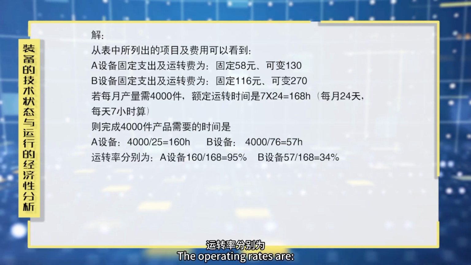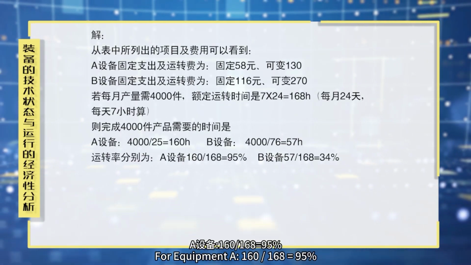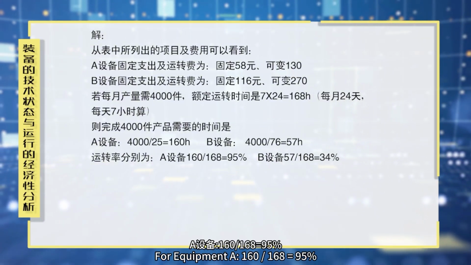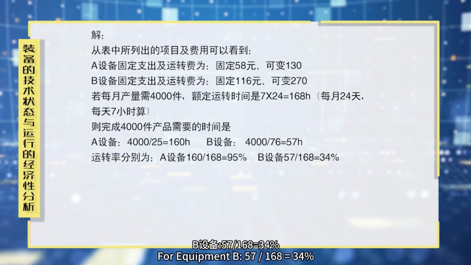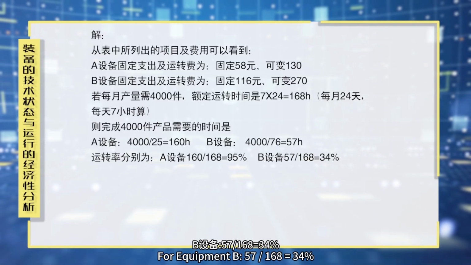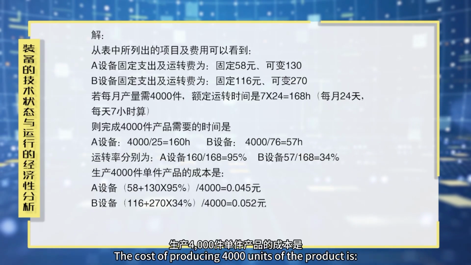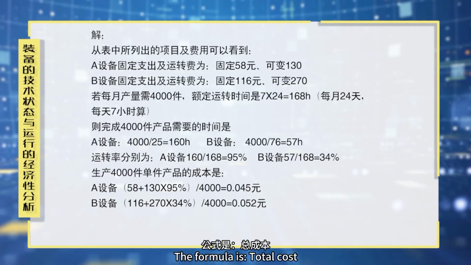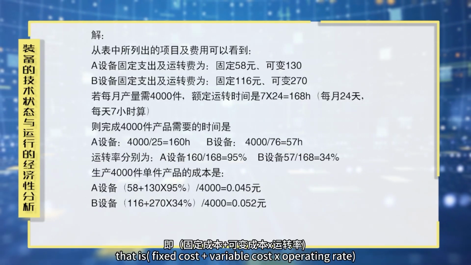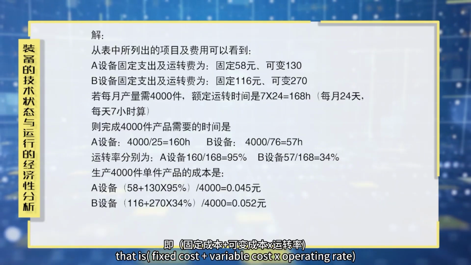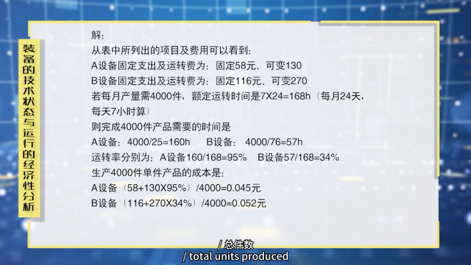The operating rates are: for equipment A, 160 divided by 168 equals 95%. For equipment B, 57 divided by 168 equals 34%. The cost of producing 4,000 units of the product is: the formula is total cost, that is, fixed cost plus variable cost multiplied by operating rate, divided by total units produced.